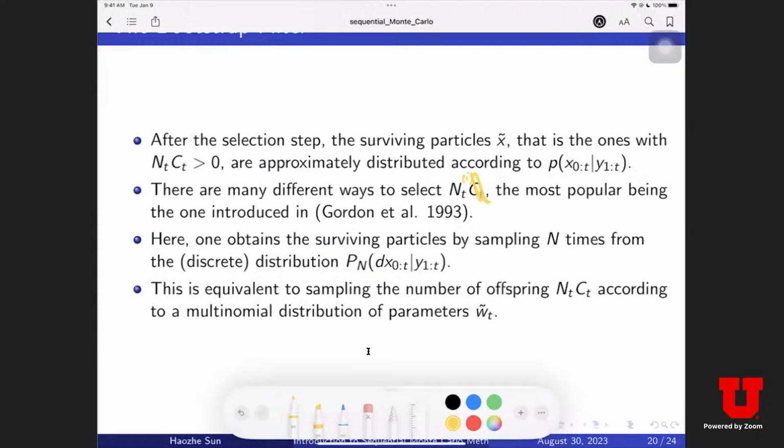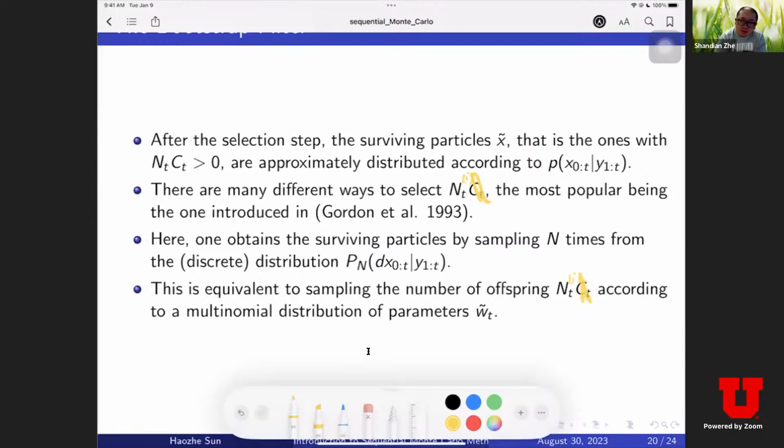This is equivalent to sampling the number of offspring NTI according to a multinomial distribution of parameters WT tilde. If you ask me why, I do not know. It is in another paper, and I haven't read it.